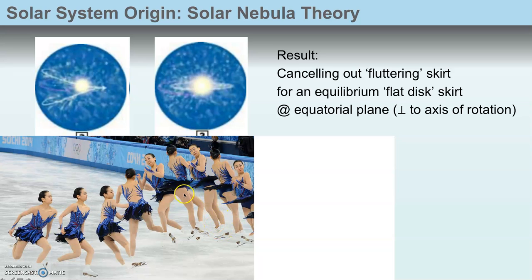Her skirt is perpendicular to it when it is rotating quickly. And so everything cancels out for the up and down fluttering of her skirt and becomes an equatorial plane. This is known as the conservation of angular momentum.